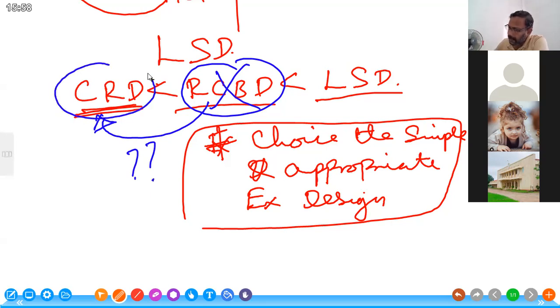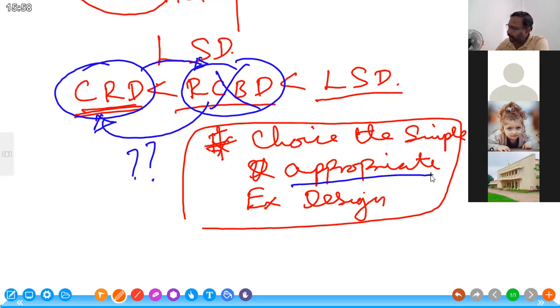Sometimes you need to go for CRD, but sometimes people are fascinated to do the RCBD blocking. So that is also not good. So we'll have to choose the design according to the need and the appropriateness. So that is more important. Appropriate and the simple design. Right?